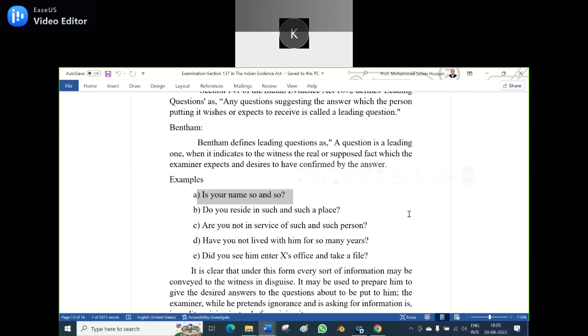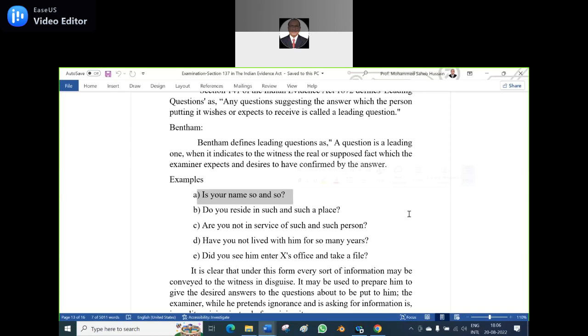So, are you in the service of such and such a person? Whether you are working under so and so office as a junior, and have you not lived with him for so many years? So it is pregnant with the answer in it. Did you see him enter X office and take a file?